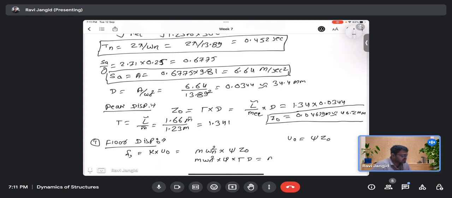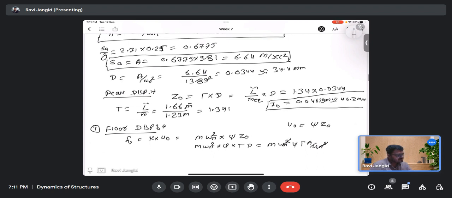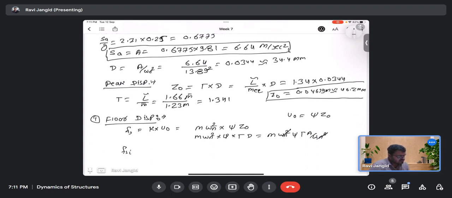So I can write it as m omega n square psi gamma d, and d can be written as a by omega n square. So that will cancel out. So my fs would be m psi gamma into a.